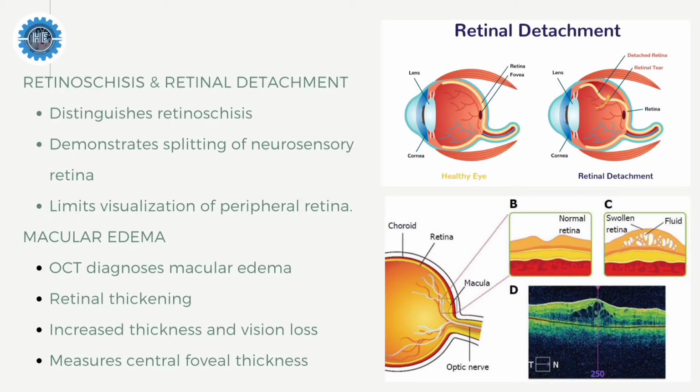In contrast, optical coherence tomography of a retinal detachment shows separation of full thickness neurosensory retina from the underlying retinal pigment epithelium. Although optical coherence tomography visualization of the peripheral retina is limited, it can also distinguish between components that extend posterior to the equator when clinical examination is equivocal.